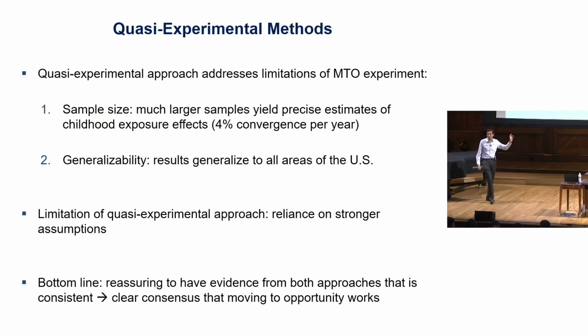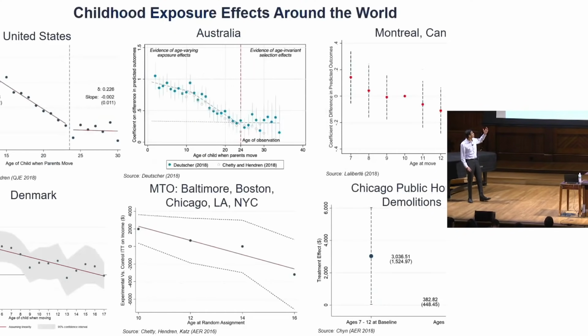And that's based not just on the 2 studies that I just described here, but it turns out that since we put out our paper, Nathan and I, using the US data, there are now a series of other such papers showing exactly the same thing in a variety of other settings. So this is in Australia, in Denmark, in Canada. We talked about the moving to opportunity stuff.